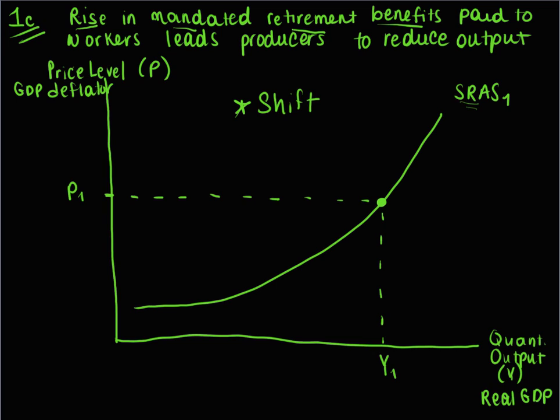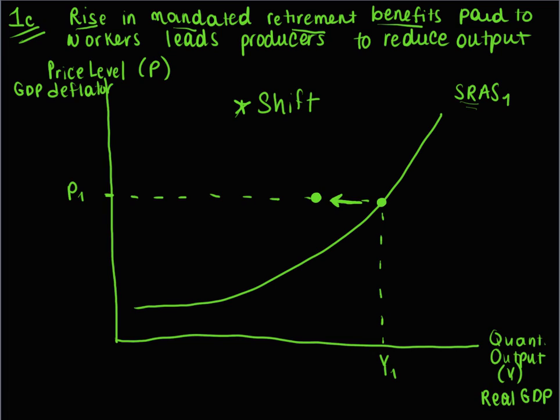And so they're going to move over to the left and to this new point that I've just arbitrarily chosen. And that new point is going to be on an entirely new short run aggregate supply curve. So I'm going to make this SRAS sub 2, the new aggregate supply curve.